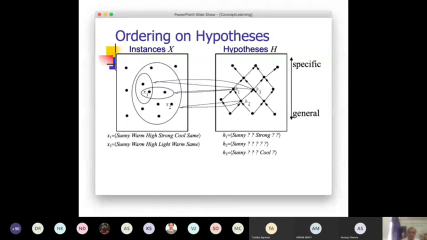a Boolean expression, and a particular representation that we consider here. As you can see in this slide, the training examples are shown on your left side, whereas the hypotheses are shown on the right side. There is a diagram which I am going to explain.